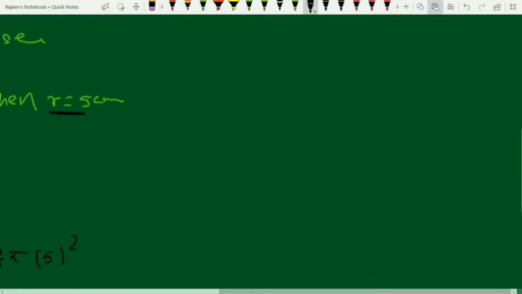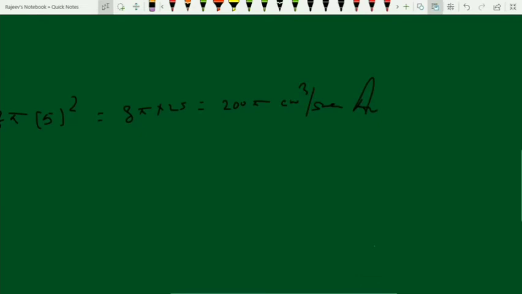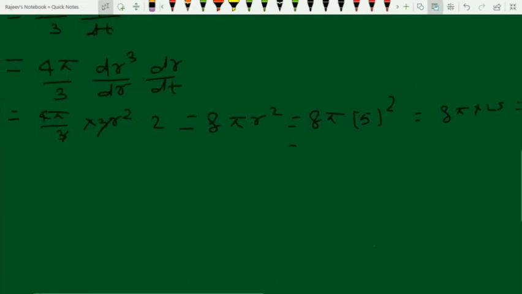So this becomes 8 pi into 25, which is 200 pi, and this is a volume, so centimeter cube per second. This will be the answer, right? So this is basically the application of differentiation. Getting my point?